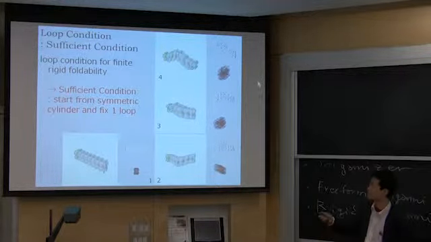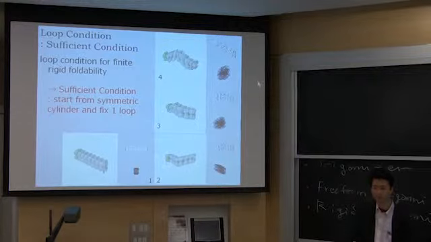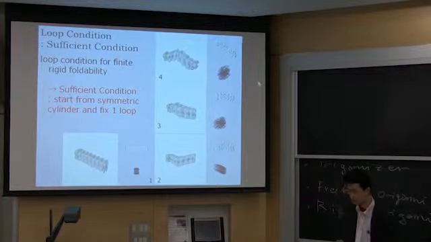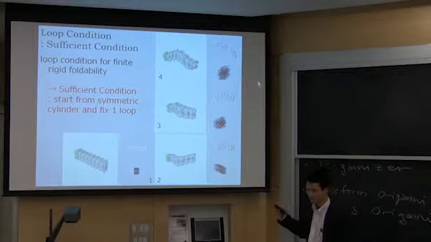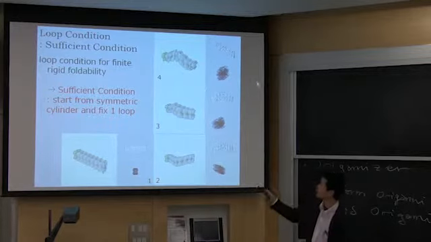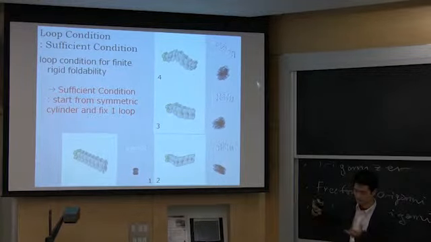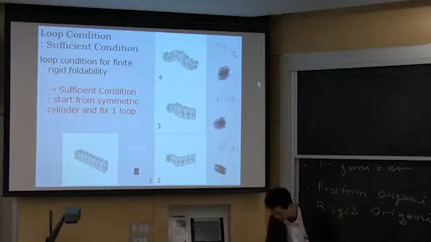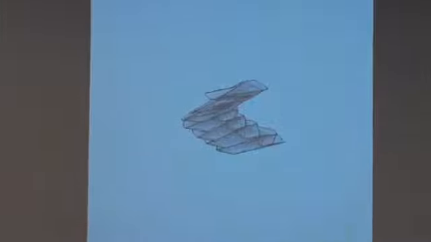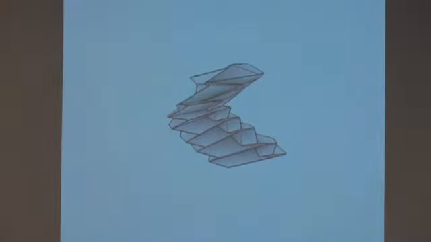Then you know that this part is rigid foldable, so you can continue the formation from there. So this is kind of a sufficient condition, but useful for designing something like this. So it's more free form. For example, like this is also a 1 degree of freedom, rigid foldable cylinder.